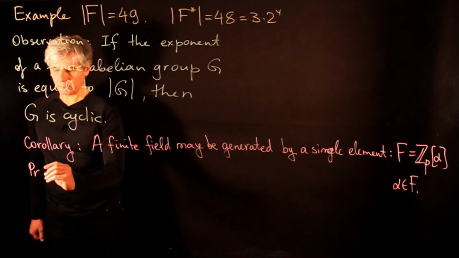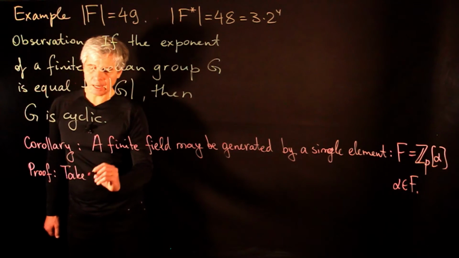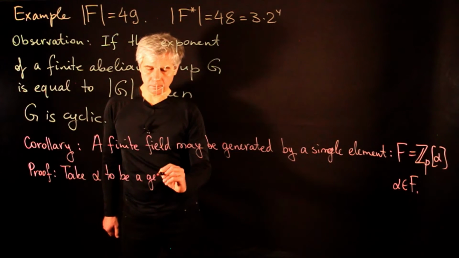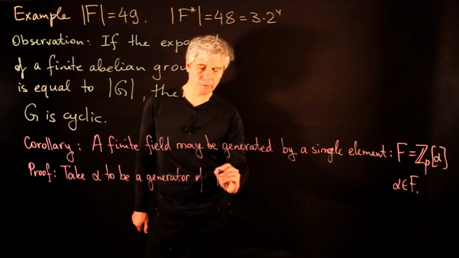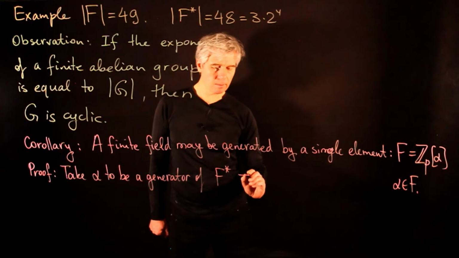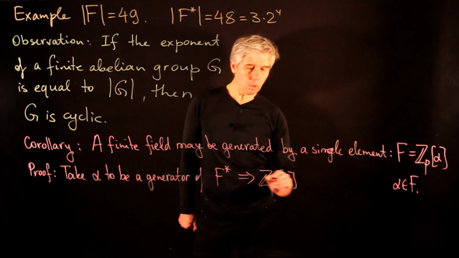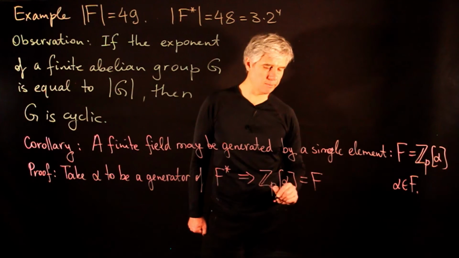And the proof of it is we take alpha to be a generator of the multiplicative group of the field. Then Zp of alpha will contain all powers of alpha, and thus will be equal to F.